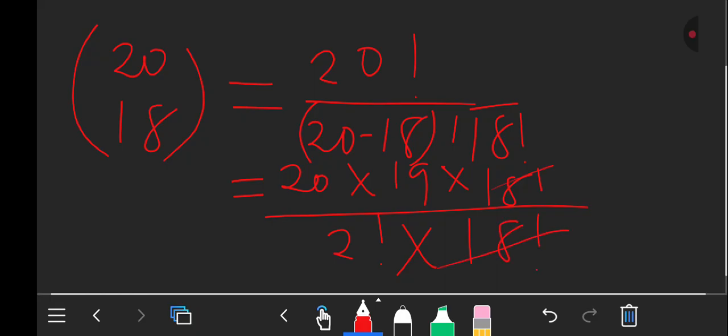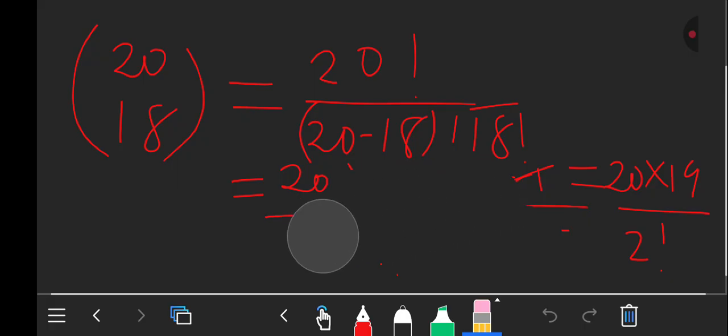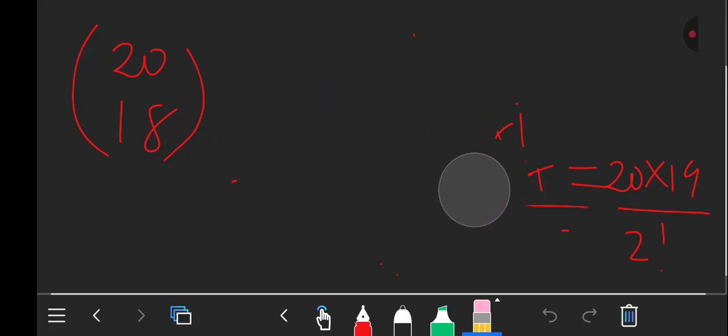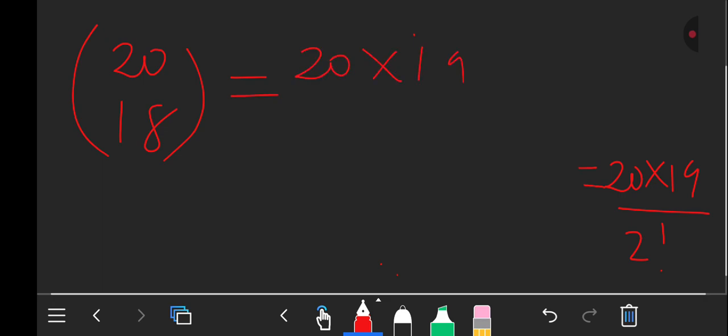Then 18 factorial can cancel with that 18 factorial. What I have is 20 times 19 divided by 2 factorial.